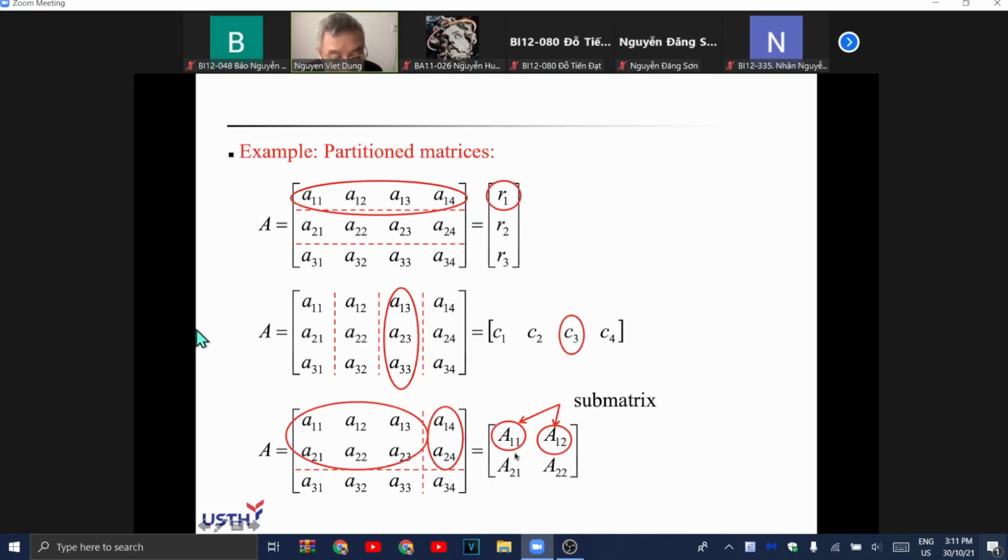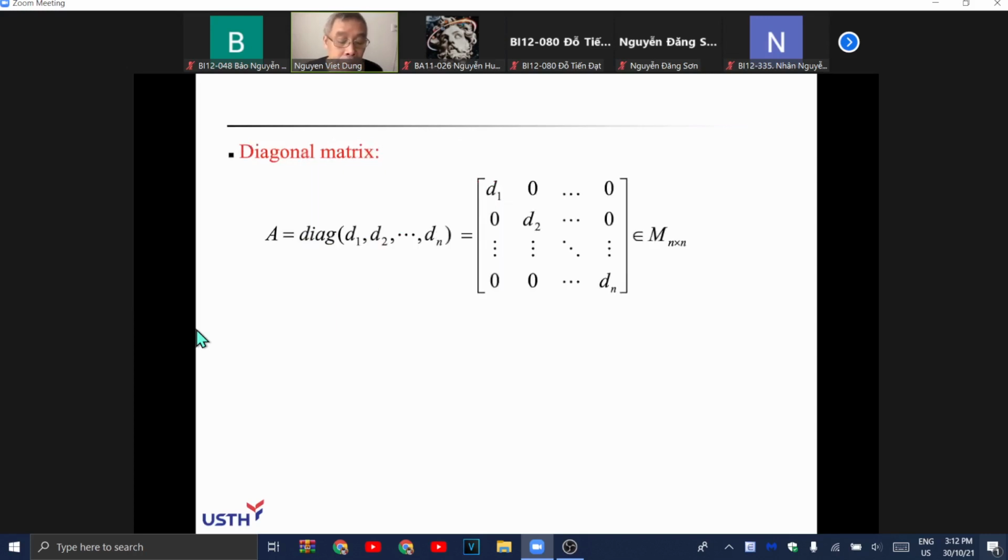In that case, each block does not necessarily have to be a row or column. It can be bigger, like here, A11 is a 2 by 3 matrix. We call it a submatrix.